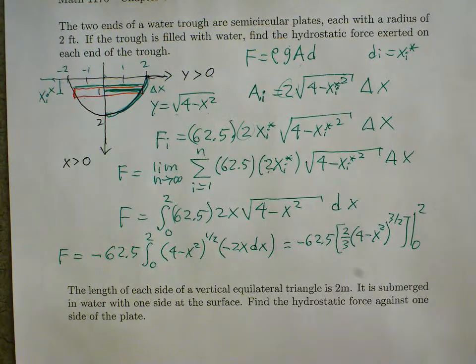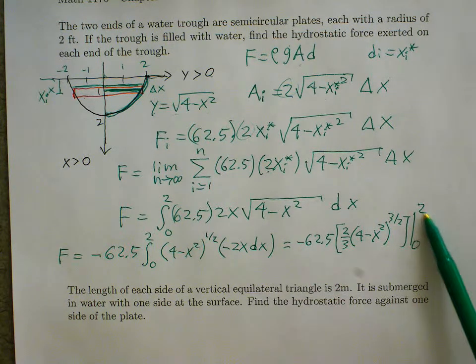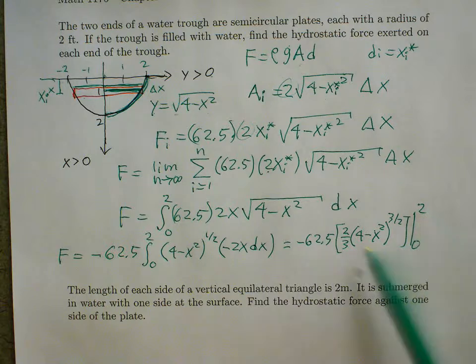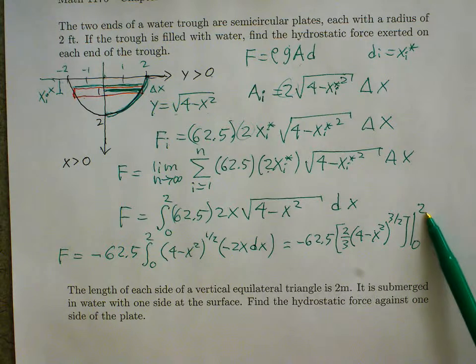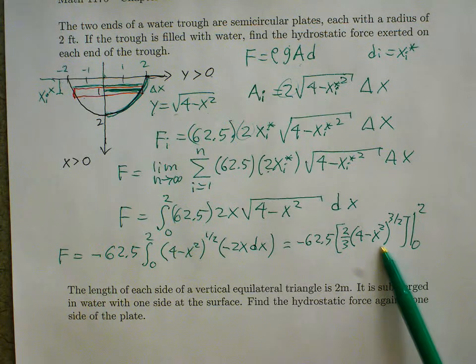If you're worried about this negative out front, it turns out that it's going to work out okay, because when we evaluate the antiderivative when x equals 2, we get 0 for that term, right? 4 minus 2 squared is 0.